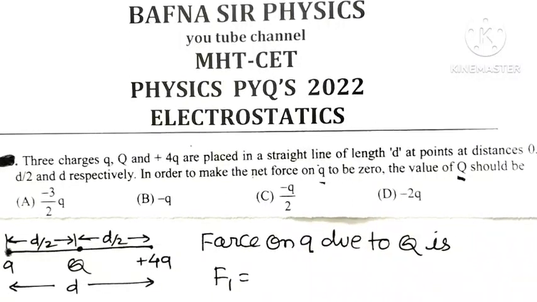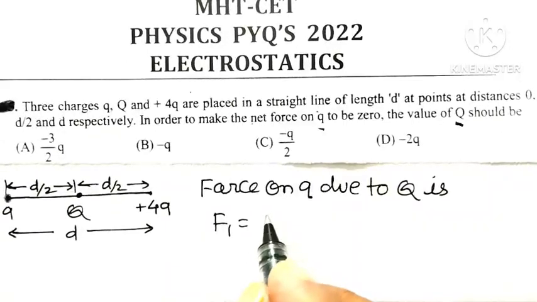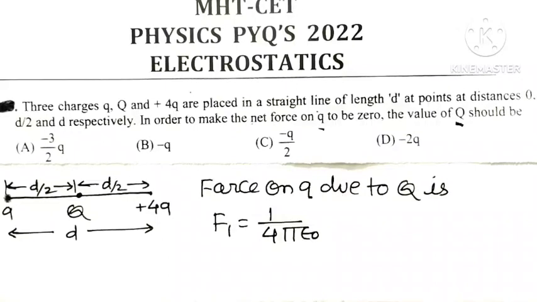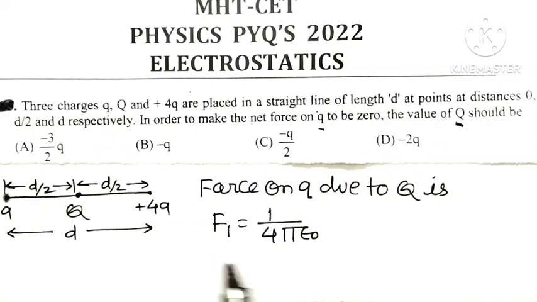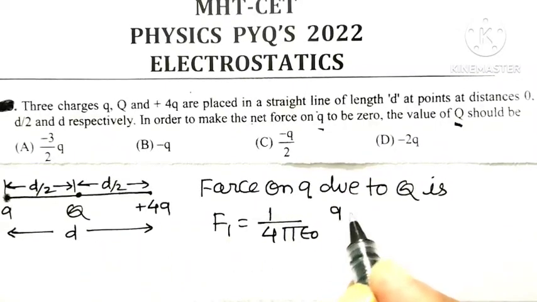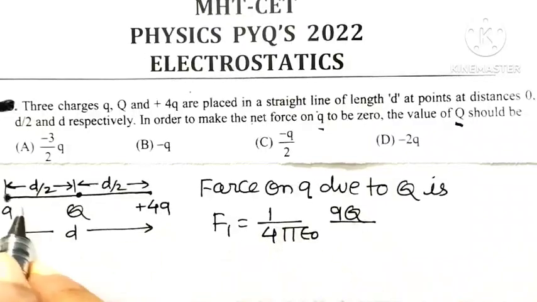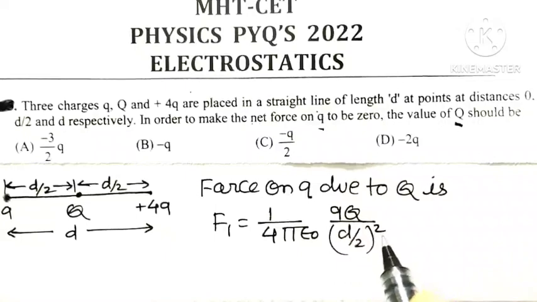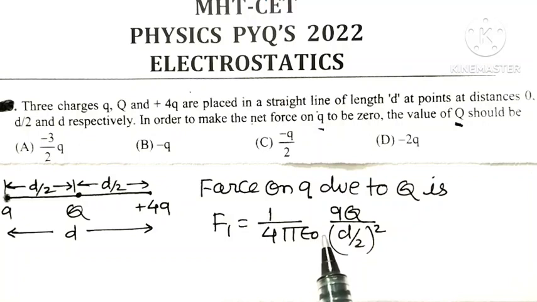According to Coulomb's law, F1 is equal to 1 upon 4 pi epsilon 0 into the two charges q and Q, divided by the distance of separation between them, which is d by 2, whole square.